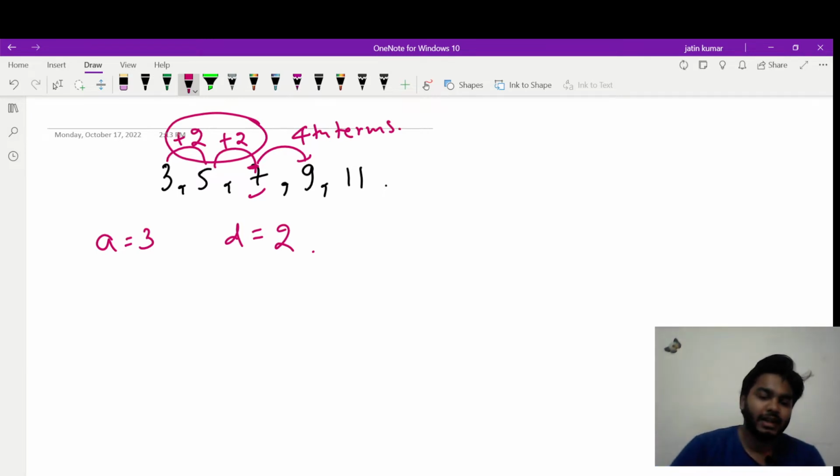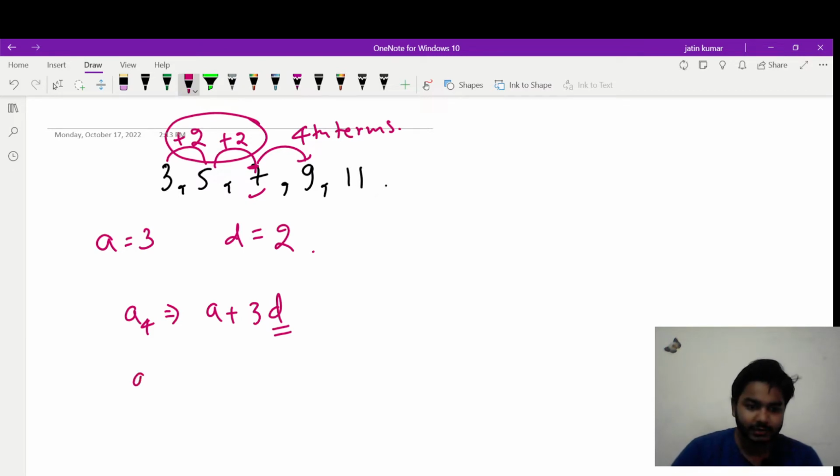That's what I want to tell you, that if I want to write the fourth term, then it will be a plus 3d. The coefficient of d will be 1 less than the actual term. If I want to write the fifth term, it will be a plus 4d. The sixth term will be a plus 5d.